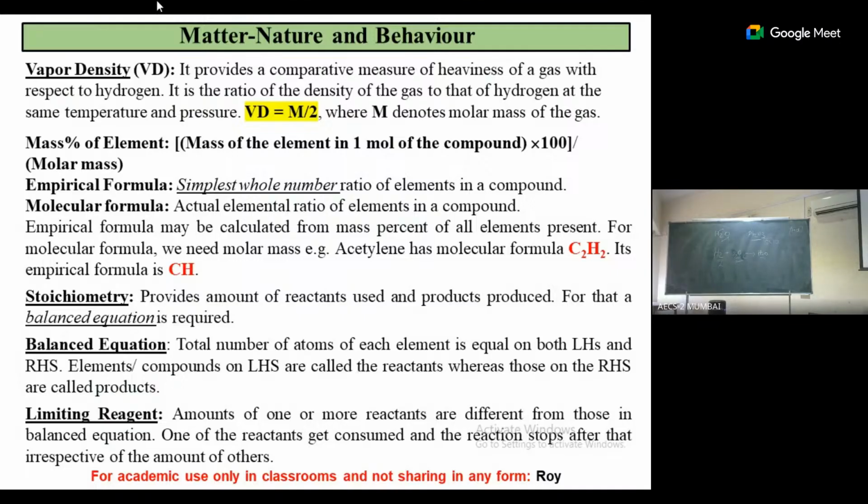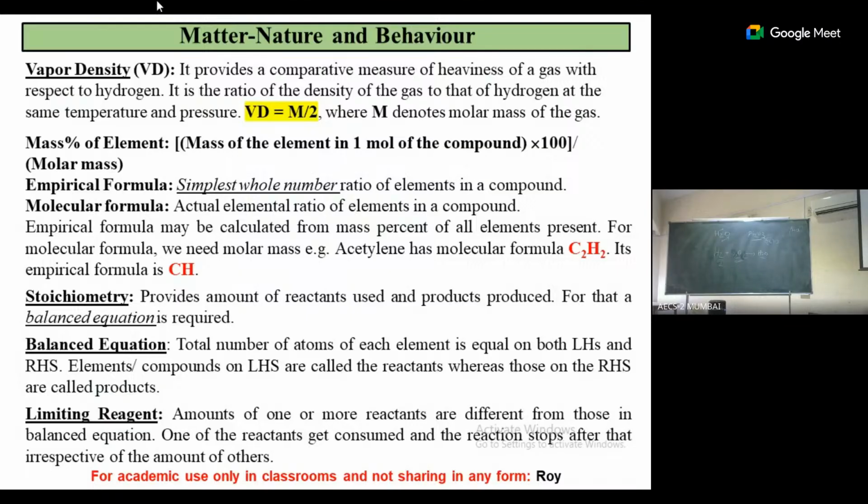So its empirical formula is CH. So you have understood how we can arrive at empirical formula. Empirical formula is the simplest whole number ratio of atoms of elements. Similarly, molecular formula is the actual atomic ratio of elements. Okay. So empirical formula can be calculated, and from there we can calculate the molecular formula.